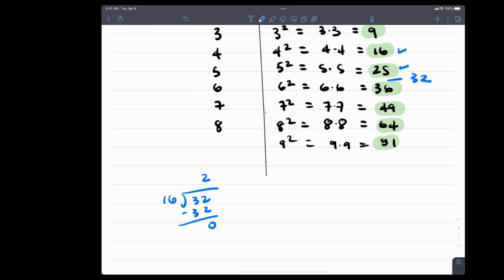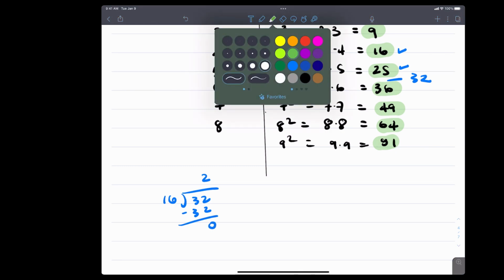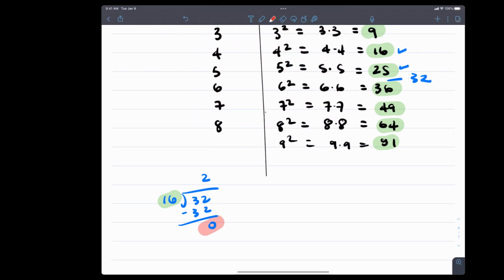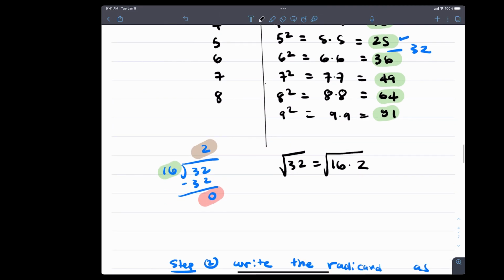And sure enough, yes. Let's color coordinate this. Perfect square. What's this? Remainder. What's this? Quotient. So 32 is 16 times 2, which means it's the square root of what? Product rule.